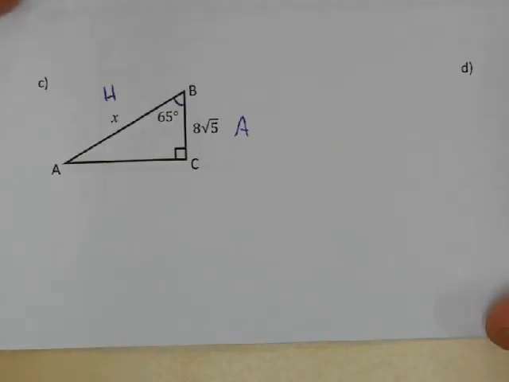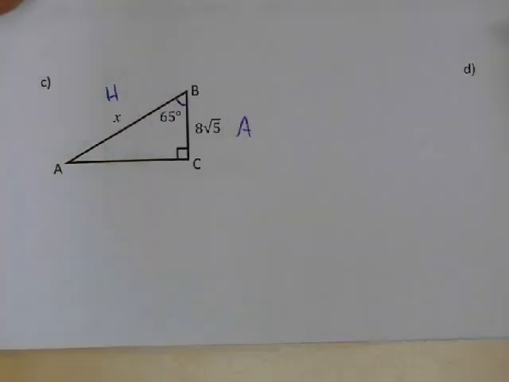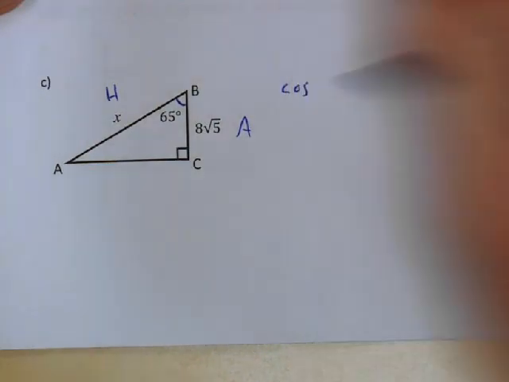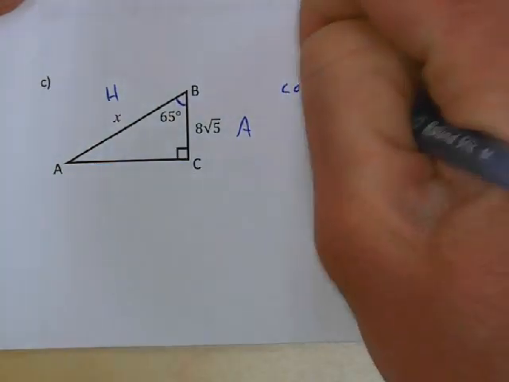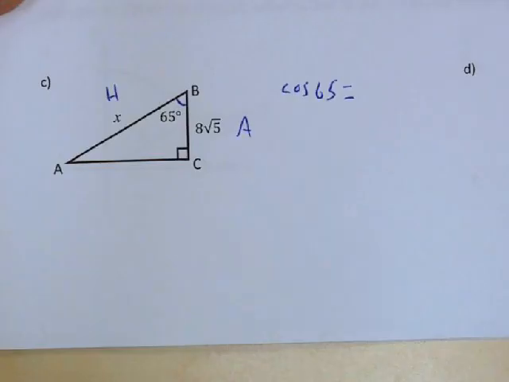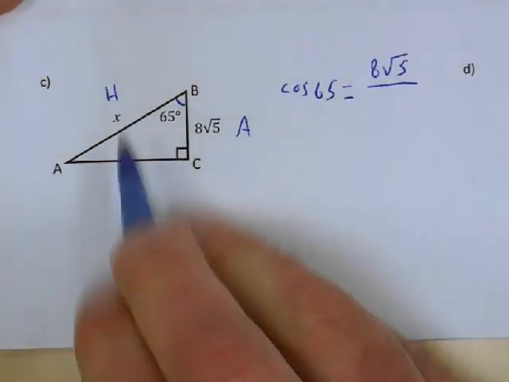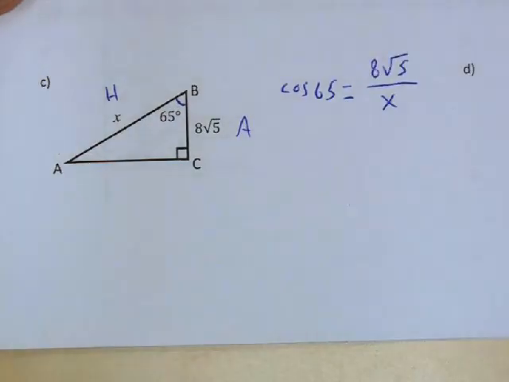Okay, so then we know that the cosine of our angle, because again, it's always of an angle, we'll do it right here. Cosine of our angle, which is 65 degrees, equals the adjacent side, which is 8 root 5, over the hypotenuse, which is x. Okay?